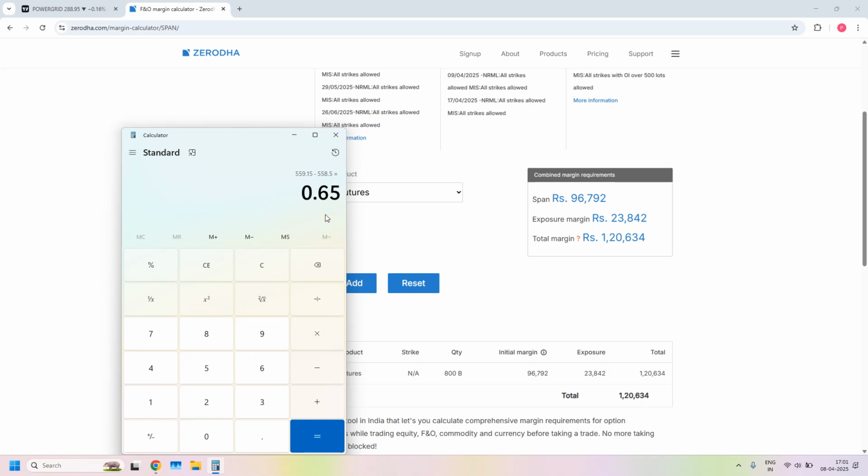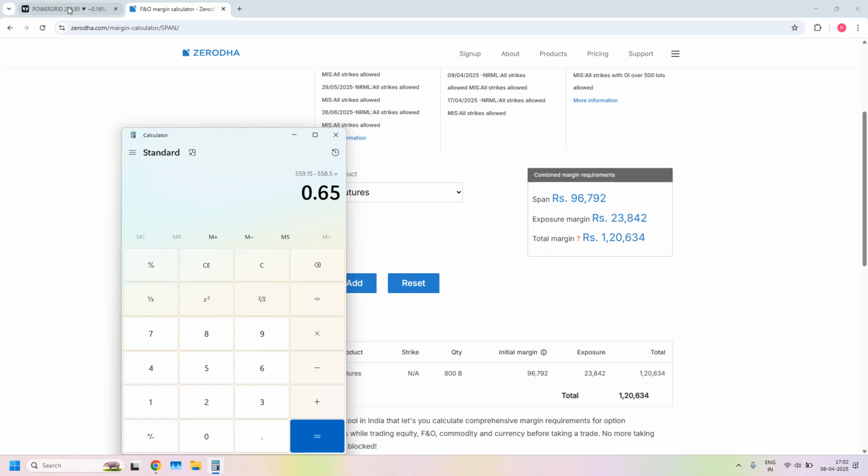Maybe another 35 paisa, so let me add 35 approximately as the stop buffer. Not more than that, something around that only. So if we add, the total is going to be 1, so the total risk is 1 rupee.